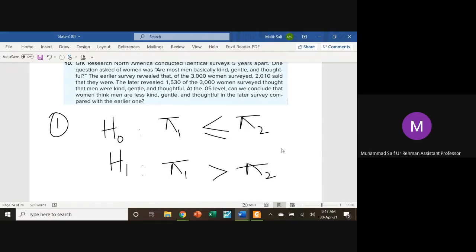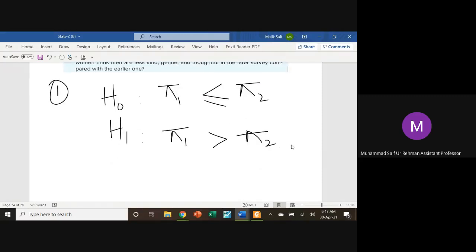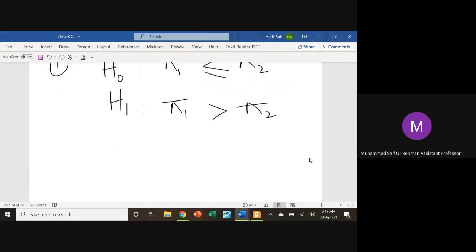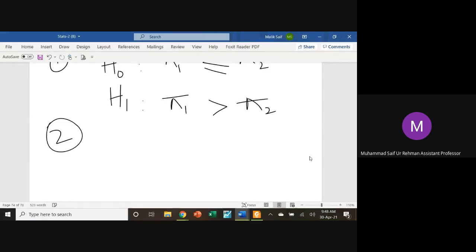Understand? So you are not correct. This is the situation. And then at the 0.05 level of significance, so definitely the second part. So now the parts are easy. Alpha 0.05 is given.